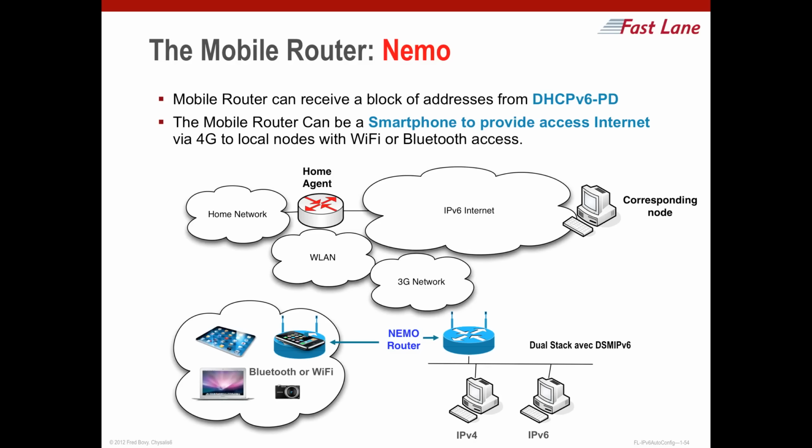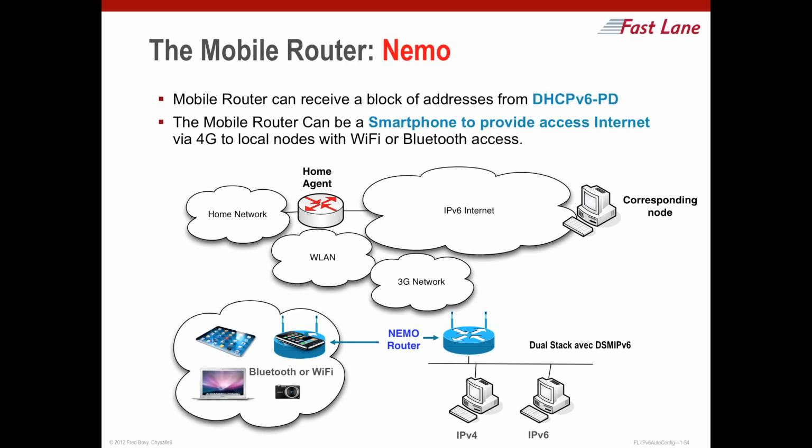The mobile node can also be a mobile router. So if it is a mobile router, it can have many nodes attached to it, and when it is moving, all the nodes which are attached are moving with the mobile router. The mobile router can be a smartphone, for instance, and the nodes can be attached with Wi-Fi or Bluetooth.